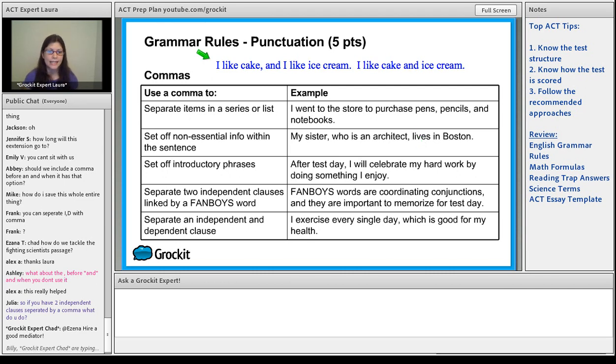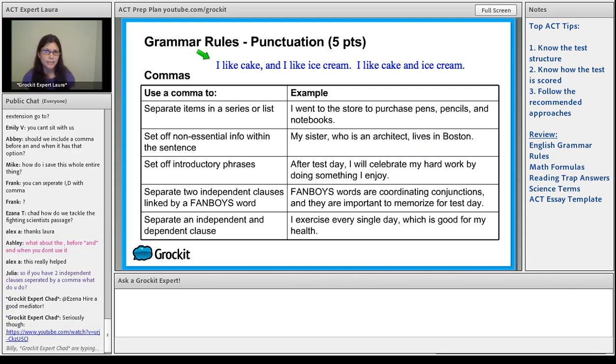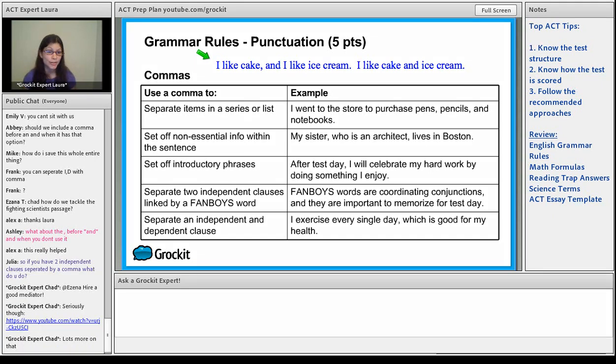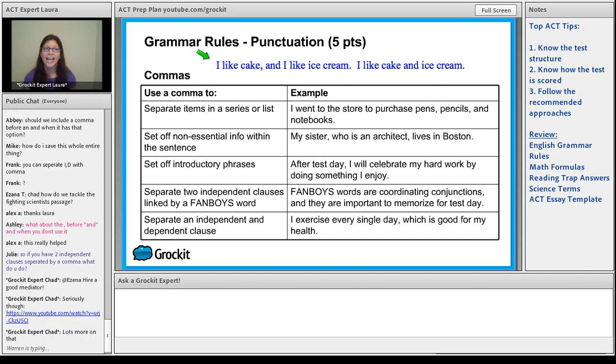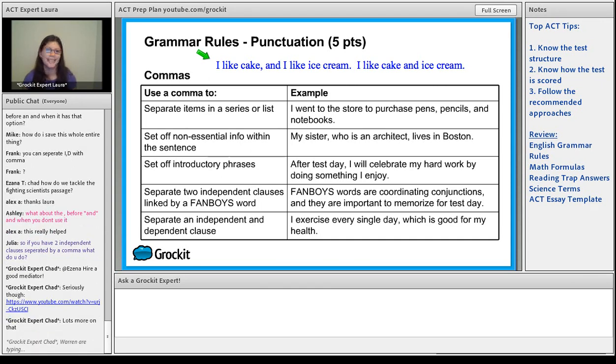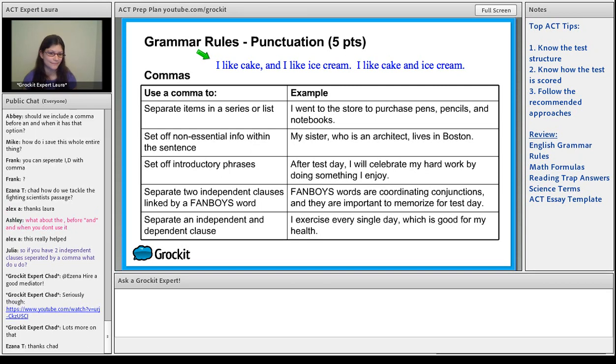So I like cake as its own sentence, and I like ice cream as its own sentence. That's when you'd use a comma. When it's not its own sentence, like ice cream, which is delicious but is totally not its own sentence, you don't. So that's the difference. And we have all those YouTube videos.